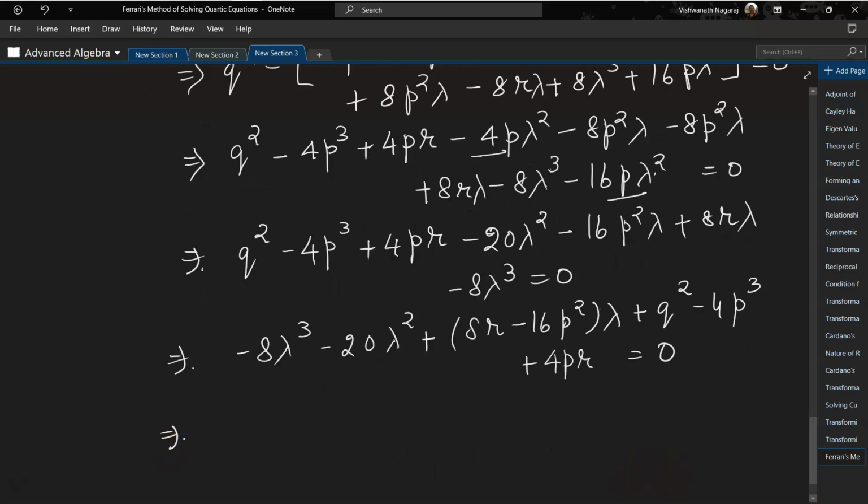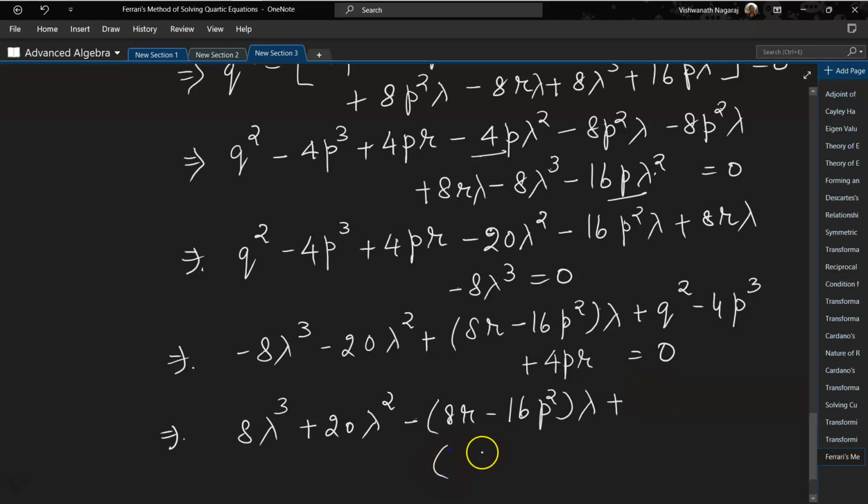Again, we can take out minus and take it to the other side, so it disappears. So 8 lambda cube plus 20 lambda square minus 8r minus 16p square lambda plus, and this whole thing we can put it in a bracket.